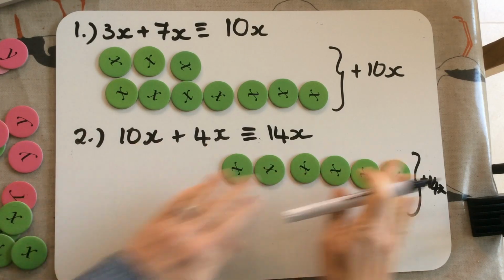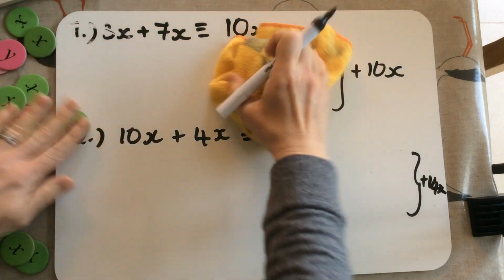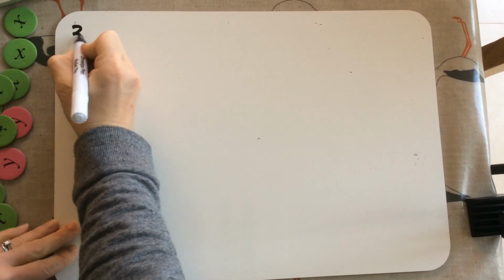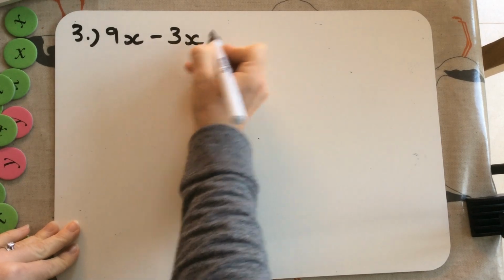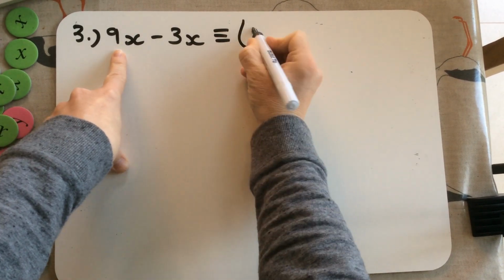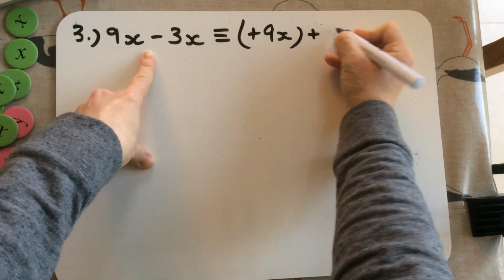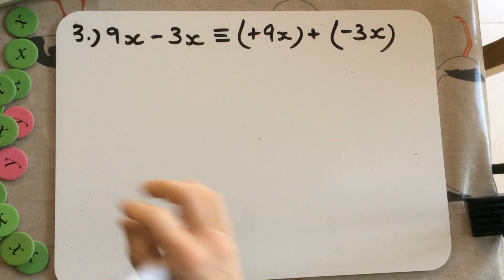Question 3 is slightly different because it's a subtraction. So I need to think carefully about the direction of my terms. So 9x subtract 3x. And this 9x here has a positive direction. And I'm going to think of this as adding negative 3x.